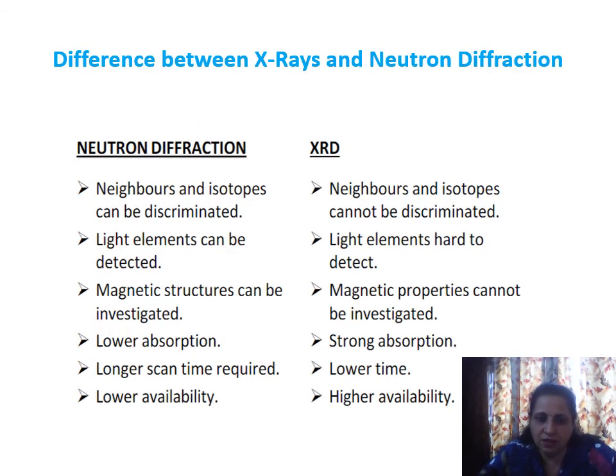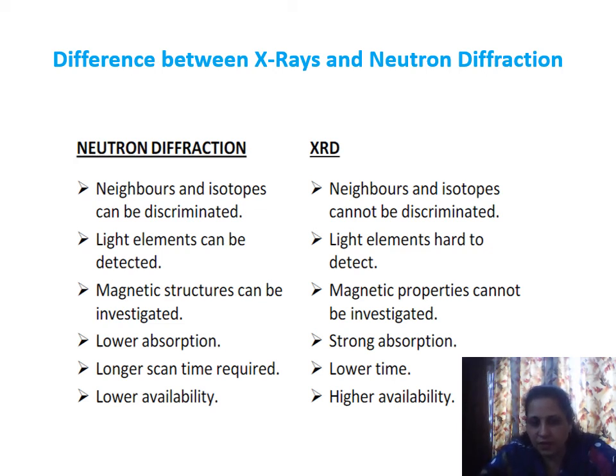We can see the difference between X-ray and neutron diffraction in this slide. In neutron diffraction, neighbors and isotopes can be discriminated, but neighboring elements and isotopes cannot be discriminated in the X-ray technique. Light elements can be detected in neutron diffraction, but light elements are hardly detected in the X-ray method.